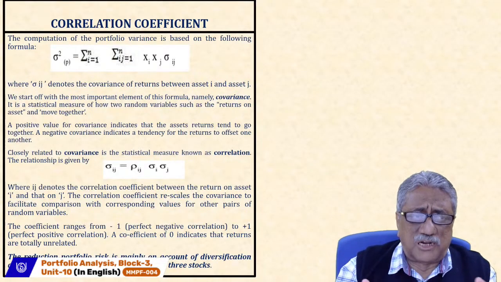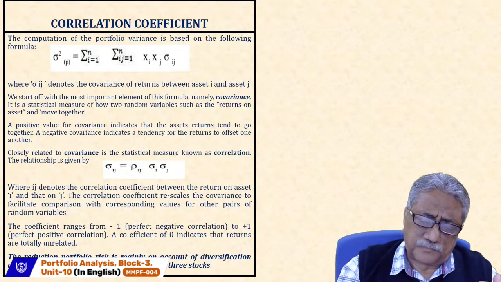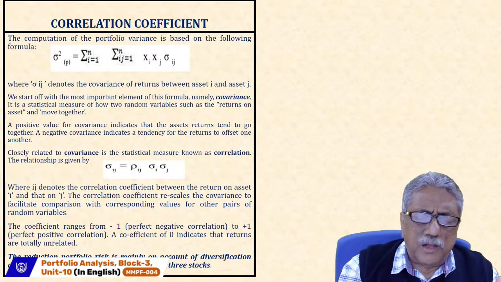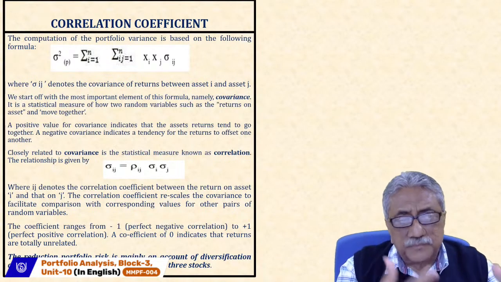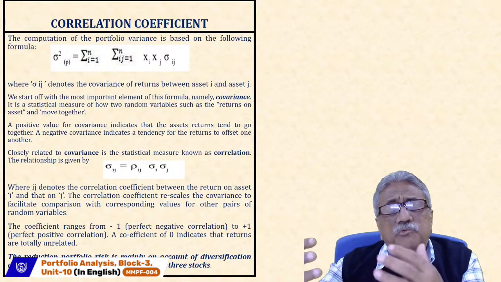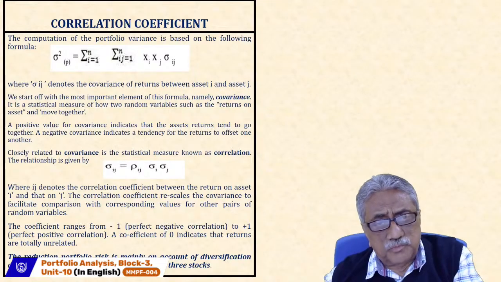Suppose the return on assets: Tata Steel's return and Larsen & Toubro's return. Together, one is their returns, the other is how they move together. Maybe Tata Steel is moving up, Larsen is moving down.